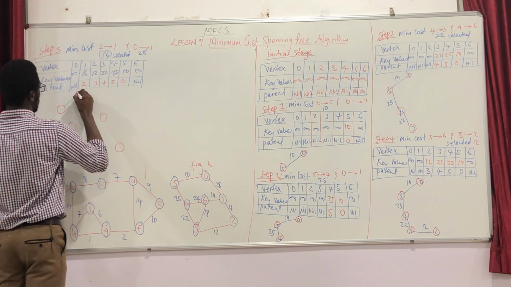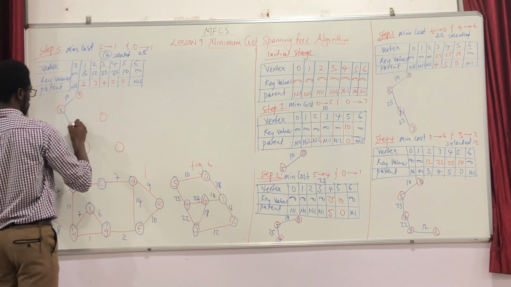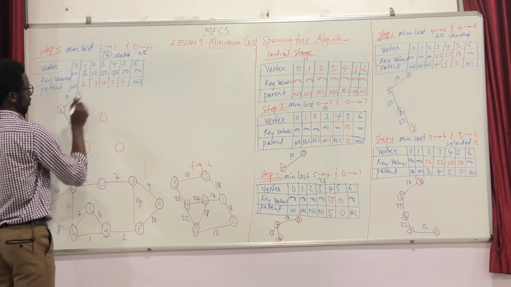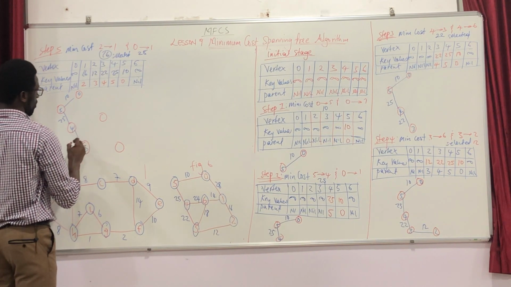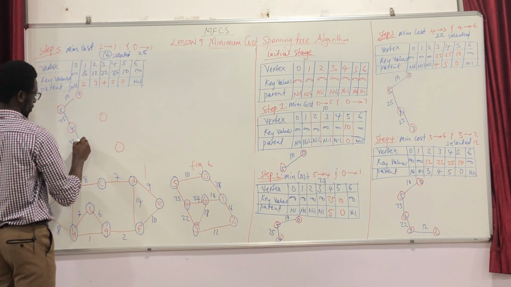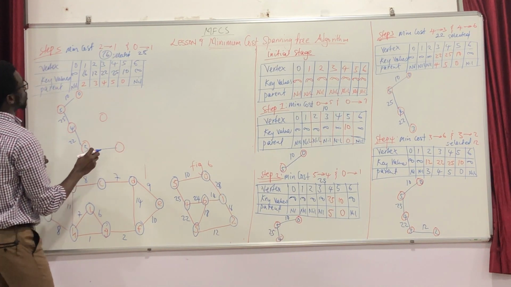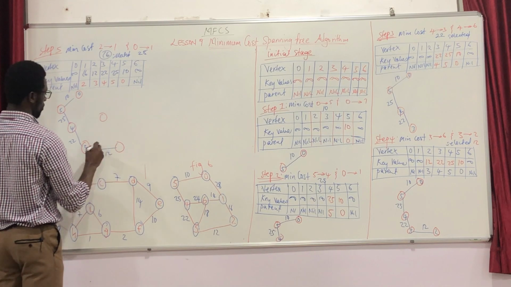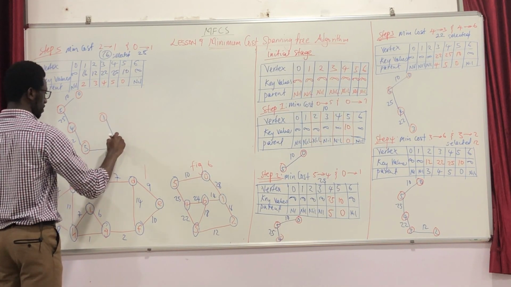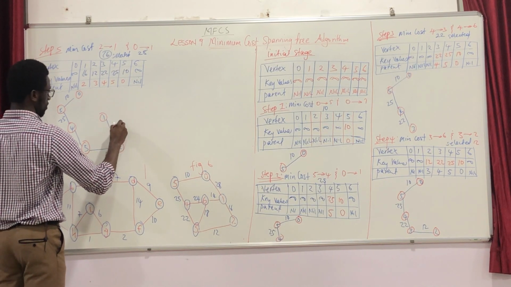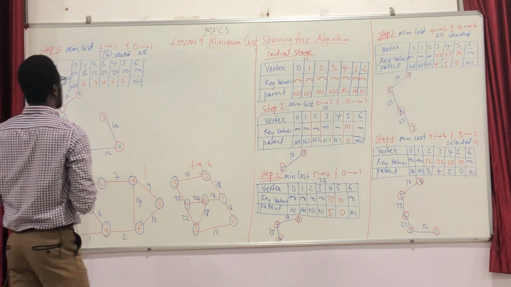Now here we'll say 0 to 5, which is 10, 5 to 4, which is 25, 4 to 3, which is 22, 3 to 2, which is 12, 2 to 1, which is 16. Okay. So now step 6.